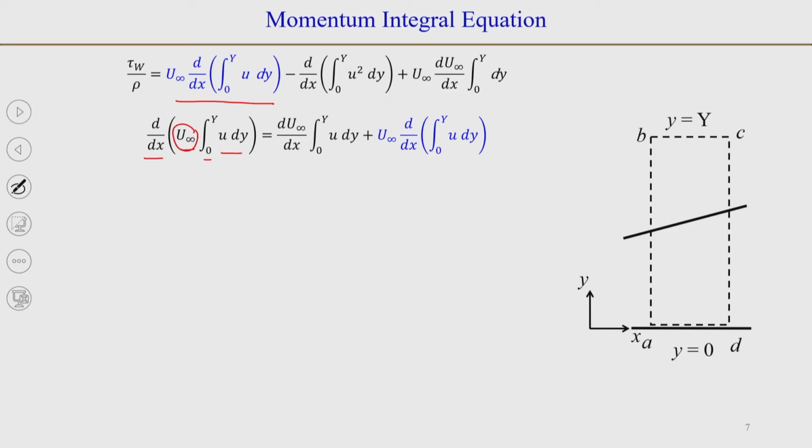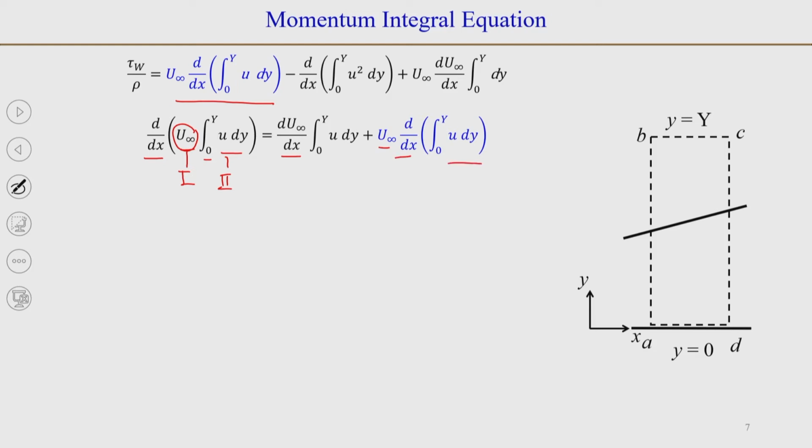So, when we differentiate by product, we get the differentiation of the first function, which is u infinity, and we can say this is the first function and this is the second function. So, du infinity by dx into the integral 0 to y of u dy, and then u infinity into the differentiation of the second function, d by dx of the integral 0 to y of u dy.